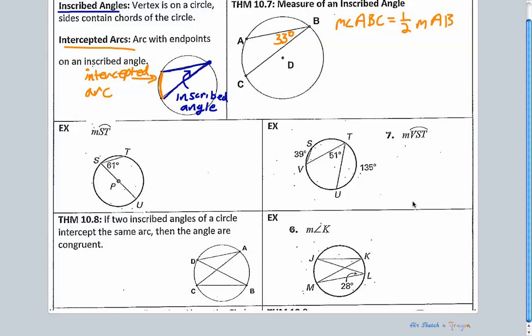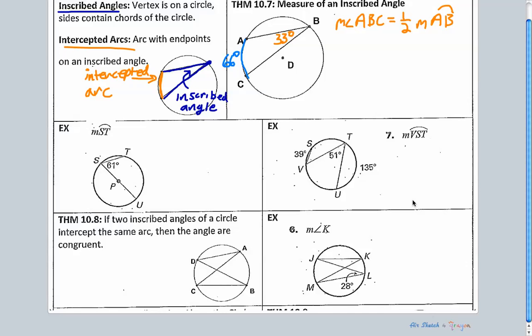The measure of angle ABC is half of the arc. So in this example, if angle B is 33 degrees, then this arc in blue must be 66 degrees. This is much different than a central angle.